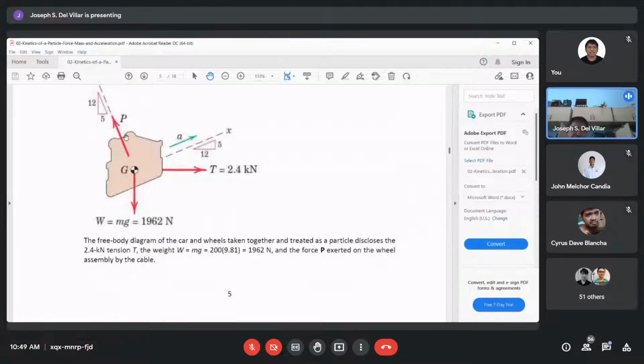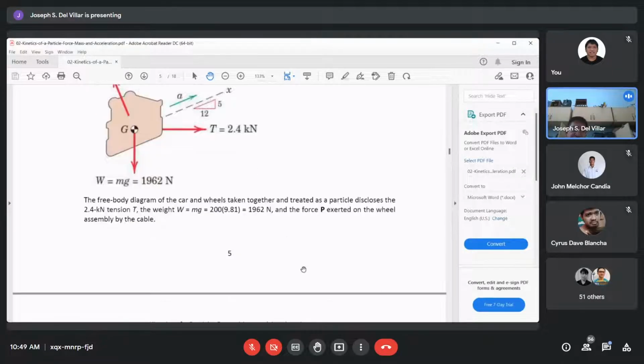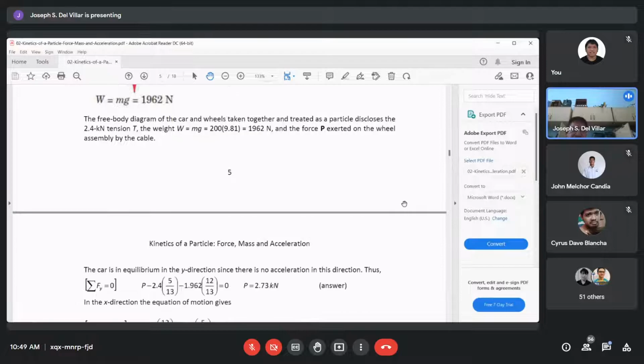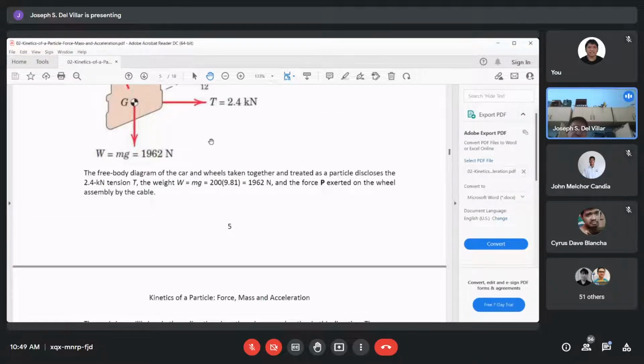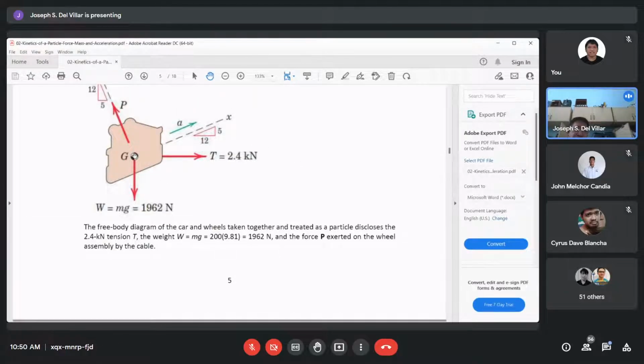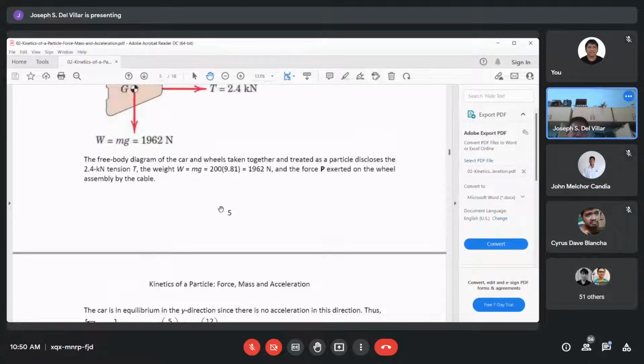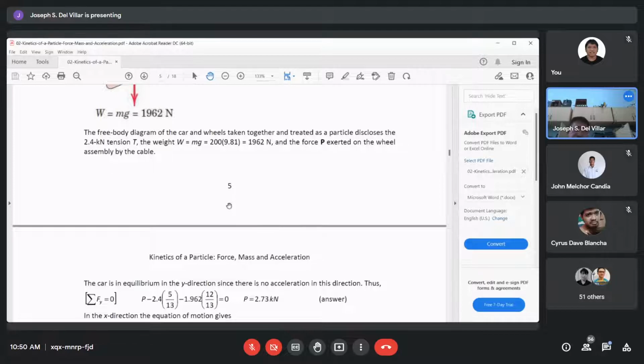So P is upward along the y, so it is positive. It comes first. Okay? And then minus this 2.4, because it is downward. When you resolve this, it has a y component, no?